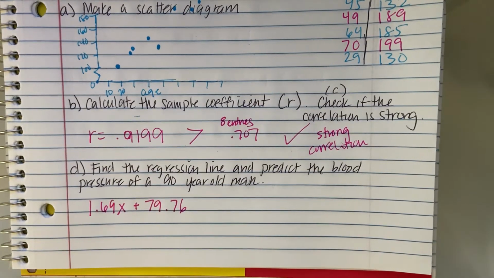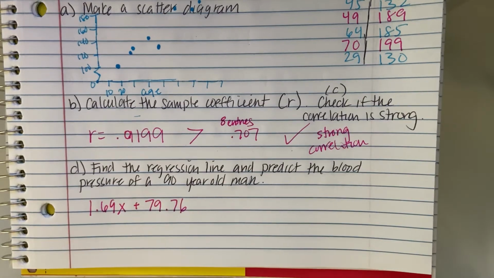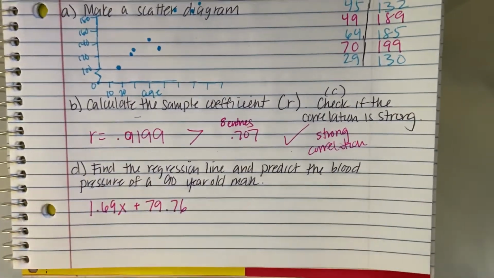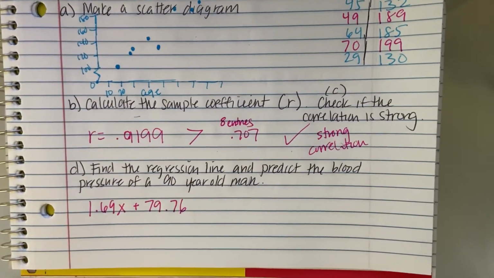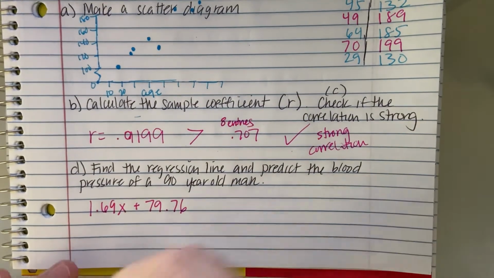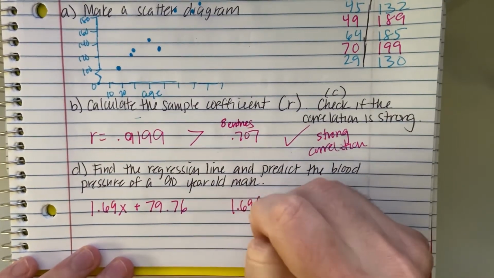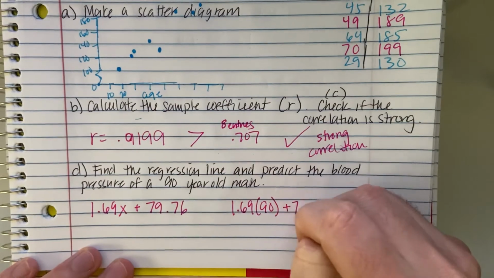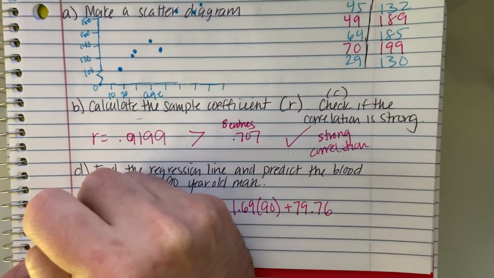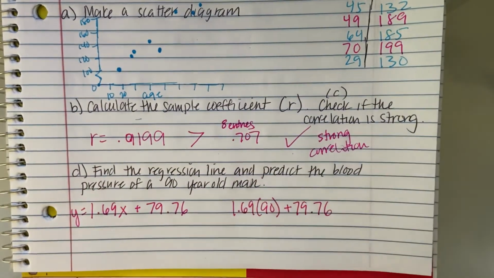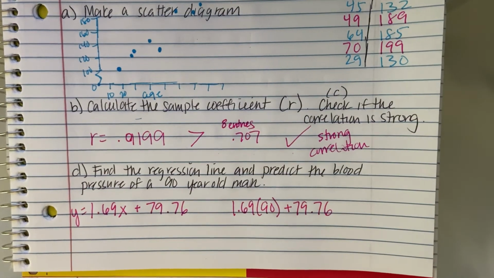It's not uncommon for older people to have higher blood pressure generally, but that's the regression line, and I want to use it to predict the blood pressure of a 90-year-old man. All I have to do is plug in 90 for x. So 1.69 times 90 plus 79.76.